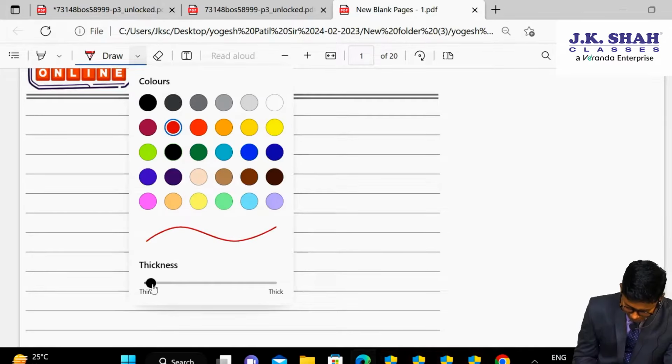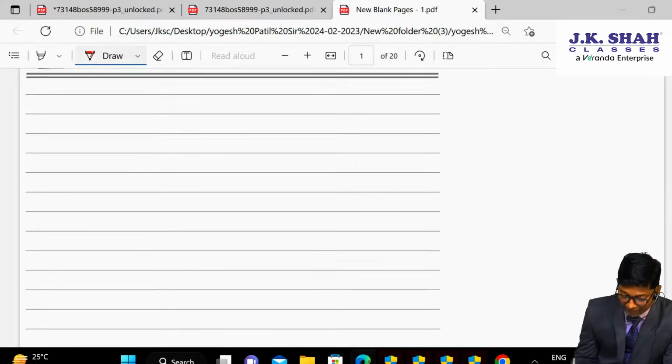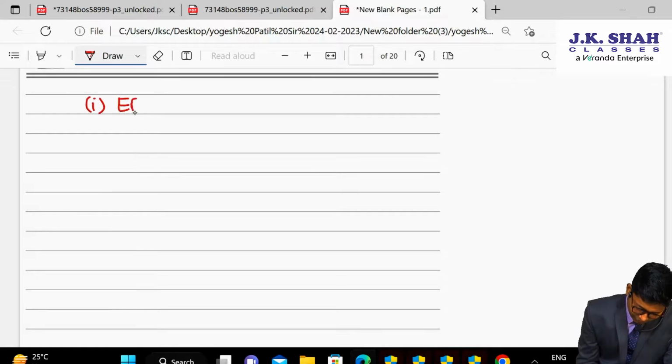You have used the EOQ formula multiple times while solving various questions from classwork, from ICAI material, etc. So if you want to calculate economic order quantity, first of all you should write down the formula.